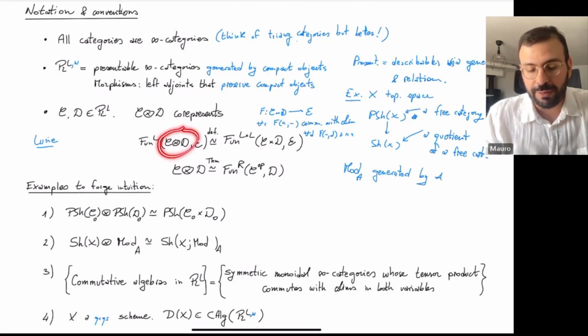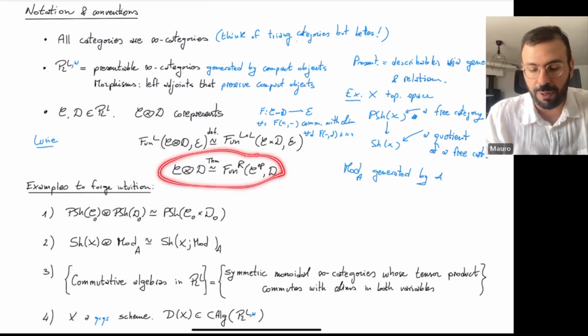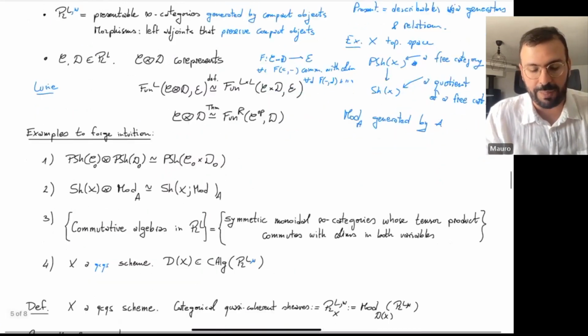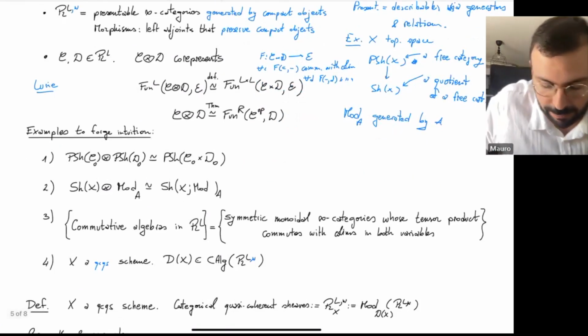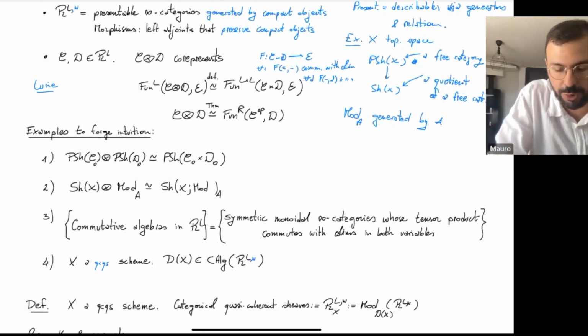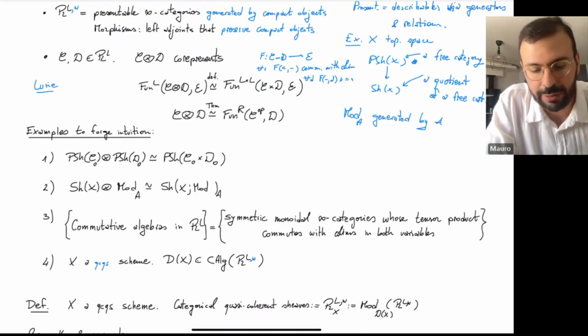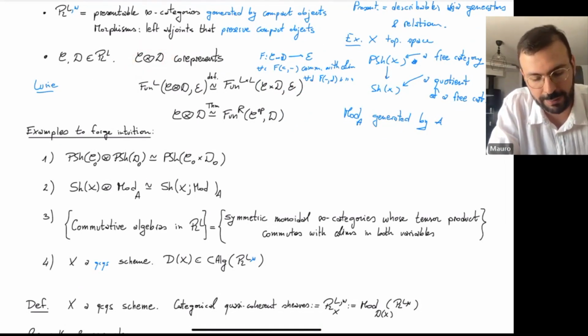And it turns out that this thing is co-representable by a tensor product of categories. And then this tensor product, we can compute it, we can control it. Written like this it probably doesn't tell you much, but let me give some examples to forge your intuition about what this language subsumes.